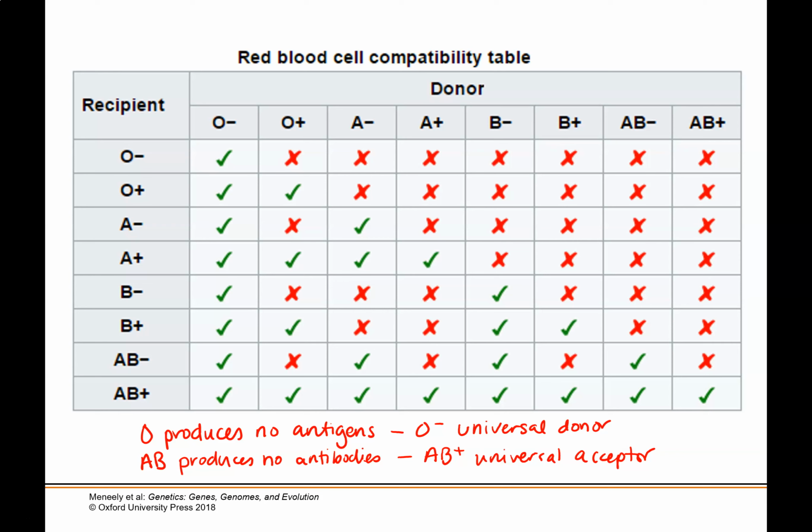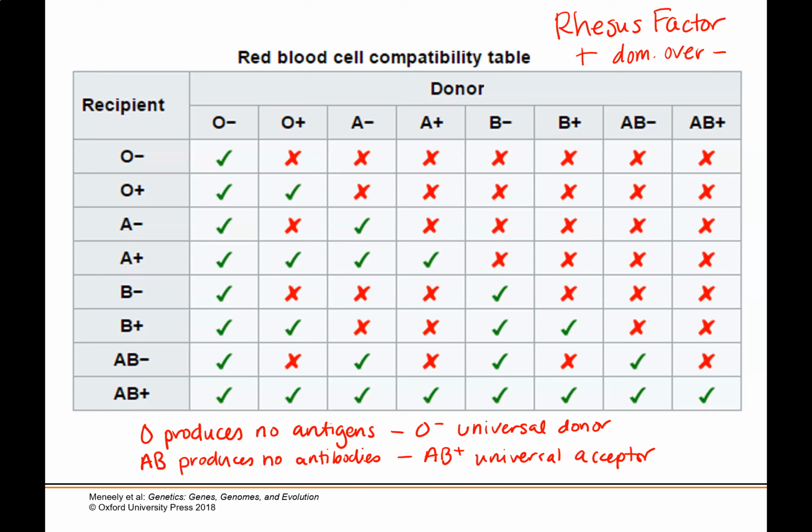The positive and the negative refers to something called the rhesus factor. Now, this is another antigen on the blood. The presence of the factor is going to be dominant over negative.